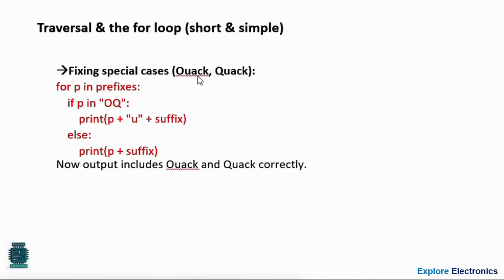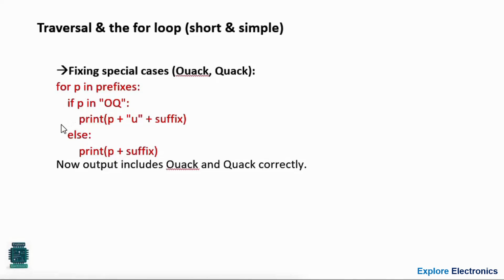In suffix I have ACK. It will print. And again I have Q. When I get Q, it will print Q and U here. I have taken U and ACK in the suffix. If I have O and Q, it will print these two. If I don't have them, it will go to the else part, which prints P plus suffix.